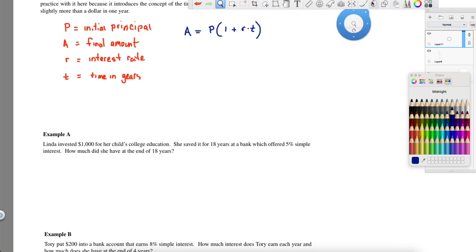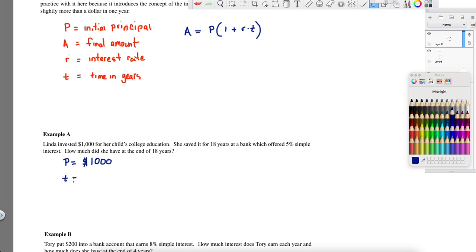Okay, so Linda invested $1,000 for her child's college education. So this is the initial principal right here. So this is P. And we have $1,000 as our starting amount. And she saved it for 18 years.